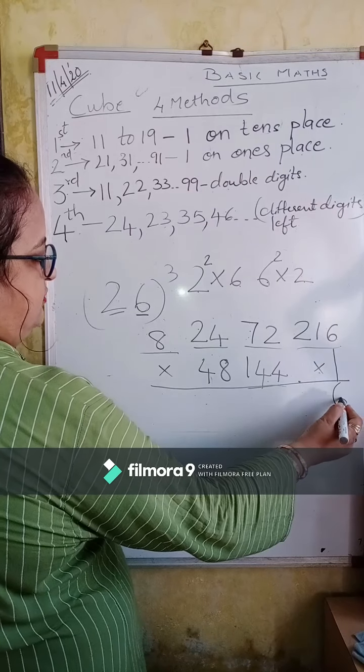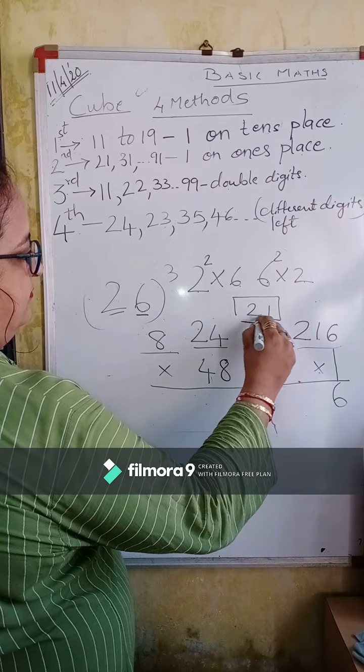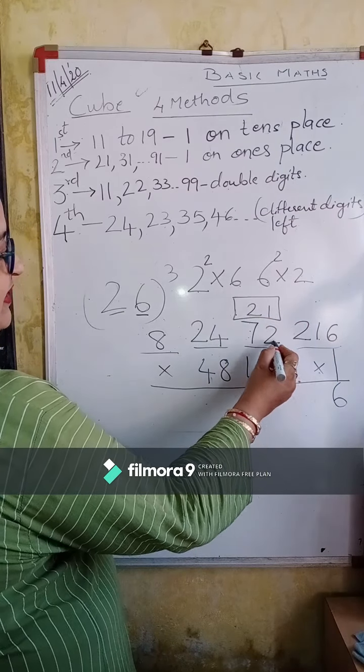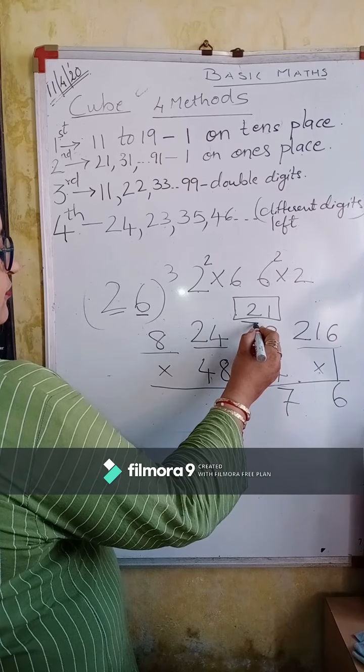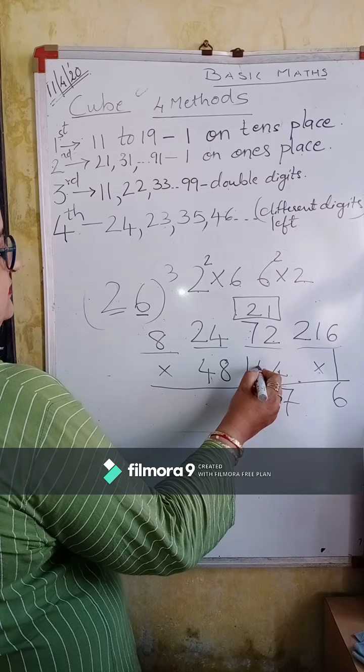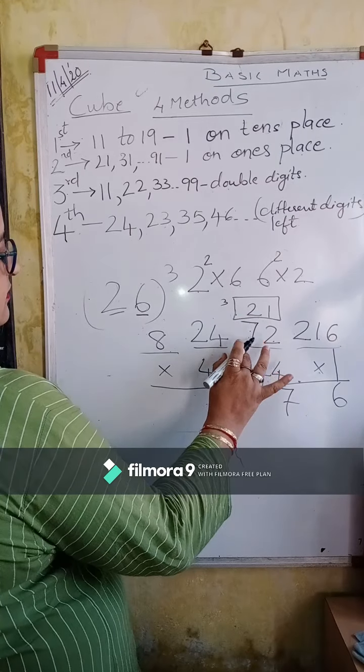Addition, bring down 6. 21 will go in carry. 4, 5, 6 and 1, 7. 7 and 6, 13. 3 and 1 carry.